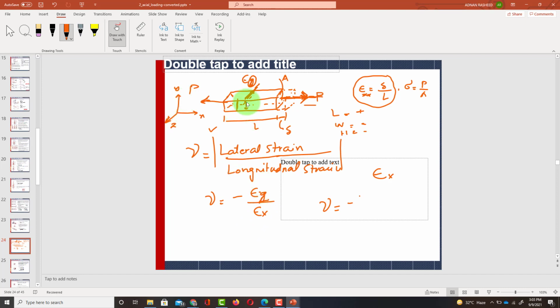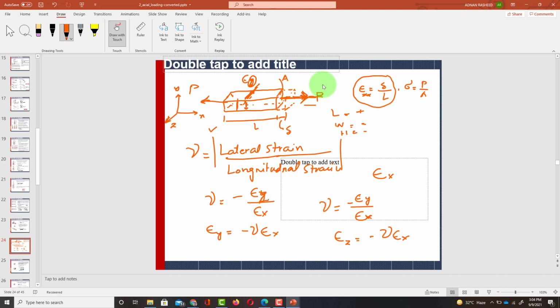Now in y direction there is a contraction, so that is epsilon y over epsilon x. Clear? So if you want to find this, it will be equal to minus nu into epsilon x. Similarly, the strain in z direction will be equal to minus nu into epsilon x.